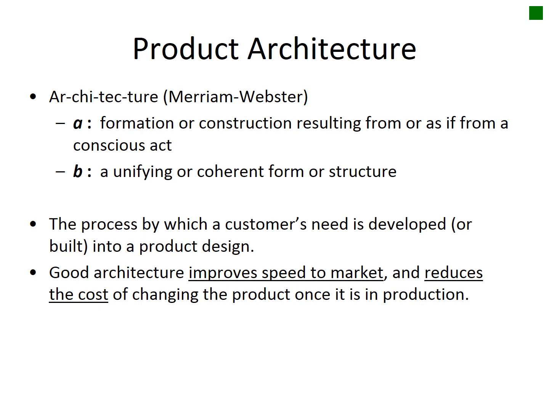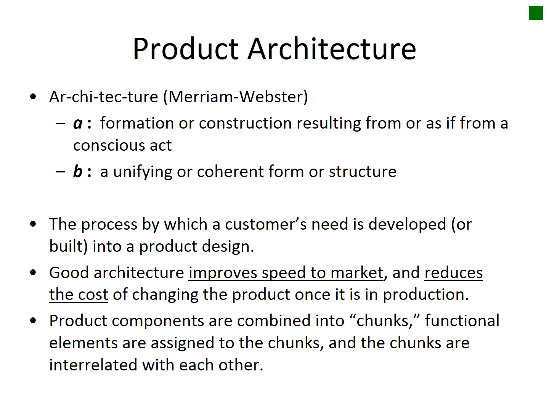So good product architecture is going to lower costs for the company because manufacturing will be done in an efficient manner because of how the product is built and conceived and put together. And it'll also help bring the product to market as well.